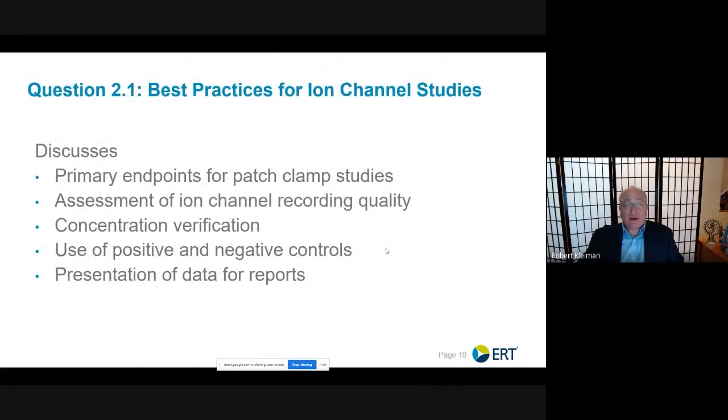In terms of best practices for ion channel studies, there's some discussion of primary endpoints, the use of physiologic versus room temperature, how to assess ion channel recording quality, the verification of concentration in your bath, the use of positive and negative controls, and even some suggestions about how to present data in reports.